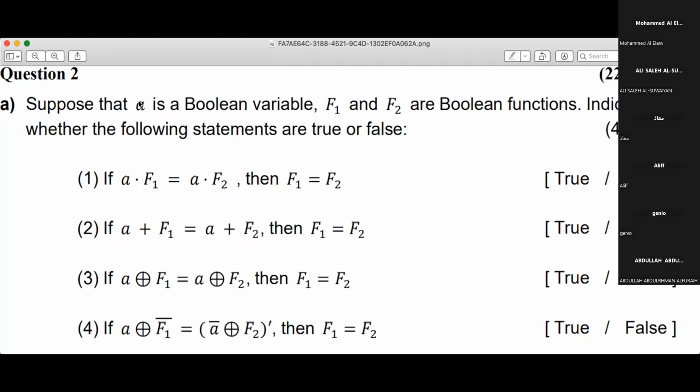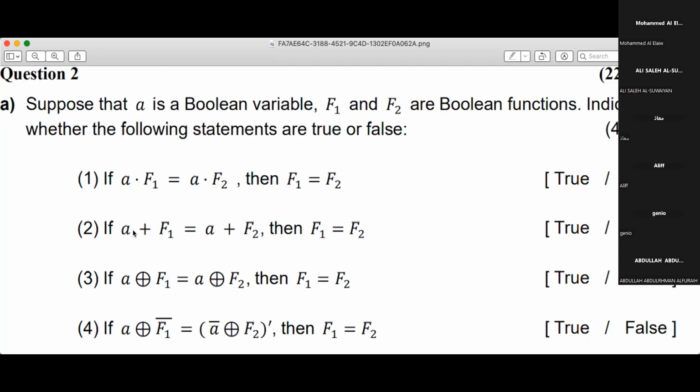We told you that A is a Boolean variable, we didn't tell you that A is always 1. It can be 0, it can be 1. If A is 0, then no matter what the values of F1 and F2 are, the equation will hold, even if F1 does not equal F2. So this is a false statement.